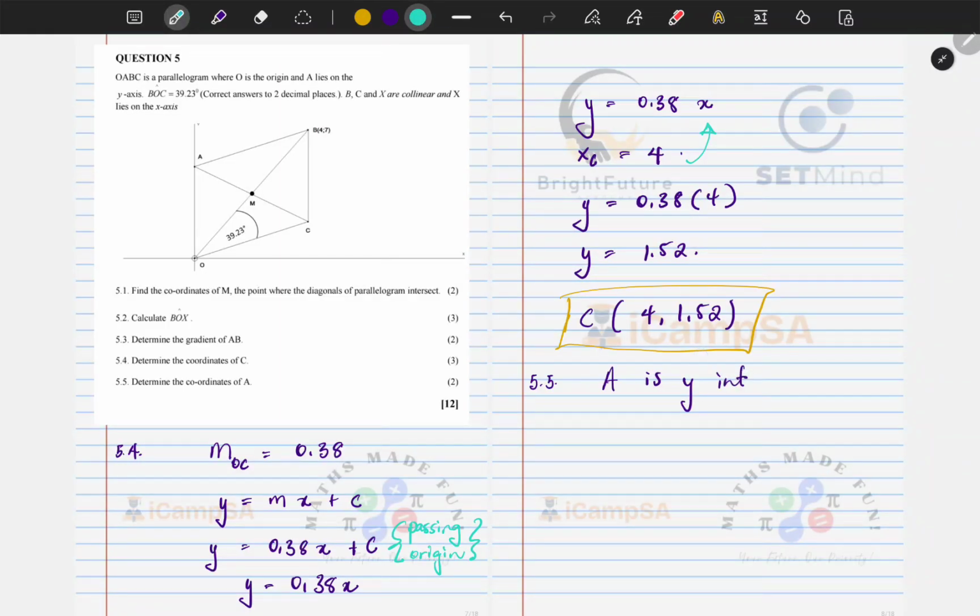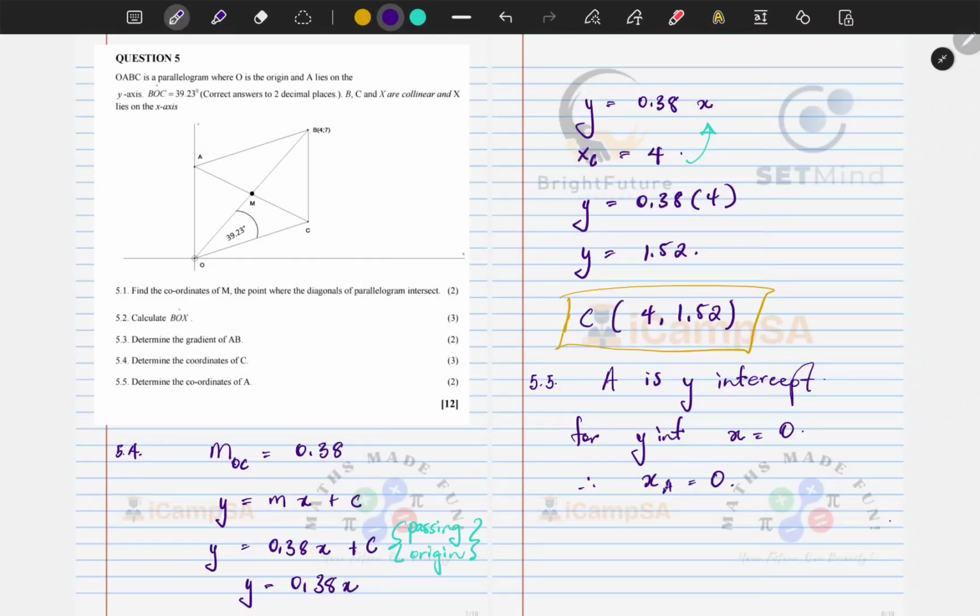So what does that tell us about the x value? So anything that is a y-intercept, let's just write it, for a y-intercept, x is equal to 0, right? So therefore that means that your x of A is going to be equal to 0.